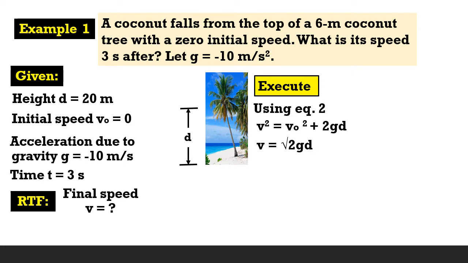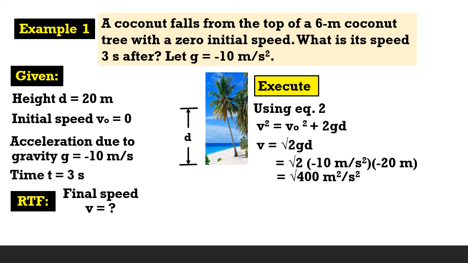And treating the quantities as vectors, we have the substituted values as square root of 2 times negative 10 meters per second squared and multiply these by negative 20 meters. Okay, and this results to the square root of 400 meters squared per second squared.